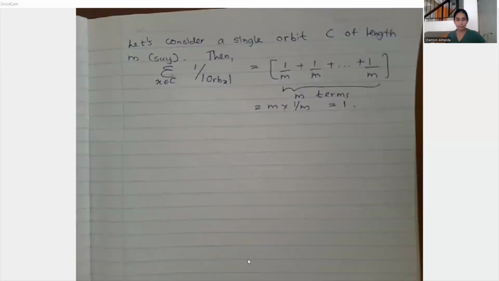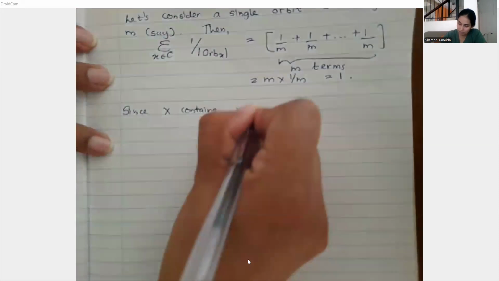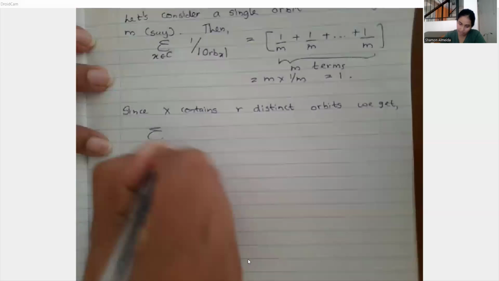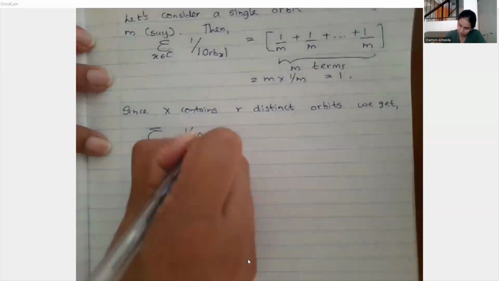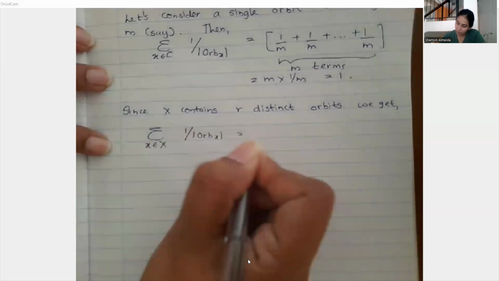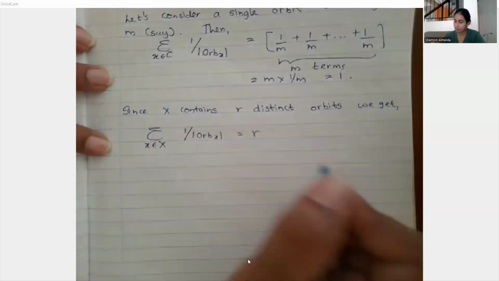So let's write: since X contains R distinct orbits, we get, when X runs over the full set, the sum is equal to R, right?